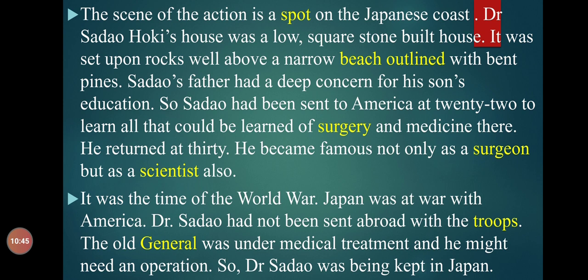He returned at the age of 30. Before dying, Sadao's father saw Sadao become famous not only as a surgeon but also as a scientist. Sadao was on his way to discover a treatment for wounds which would make them absolutely clean.